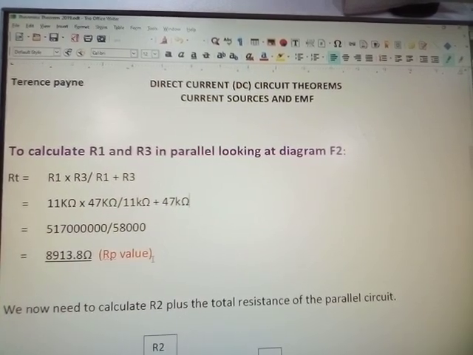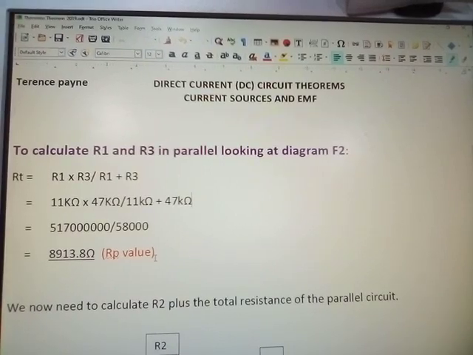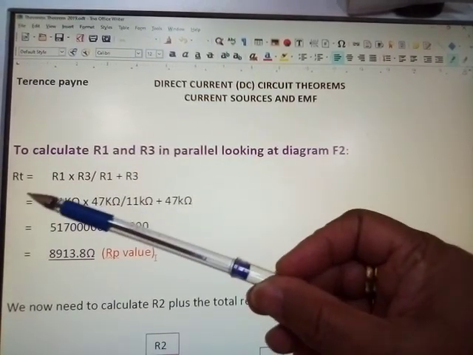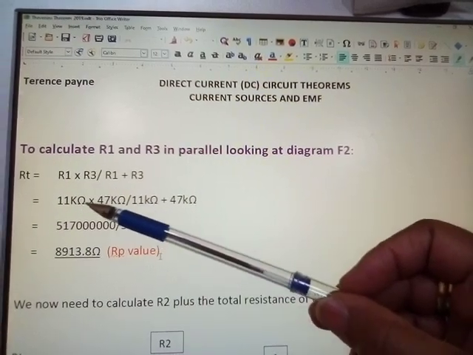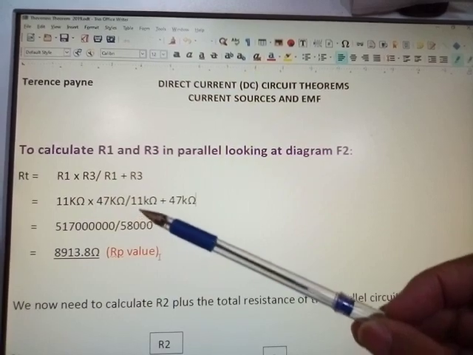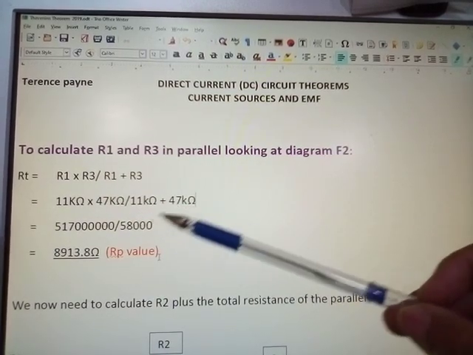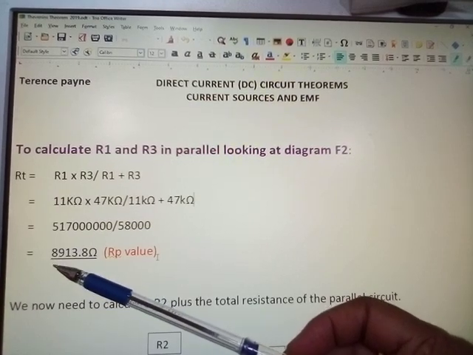What I've done, I've simply cut out the middle calculations that I would normally do, because it's something from my head. Right, now 11 kilo ohms times 47 kilo ohms over 11 kilo ohms plus 47 kilo ohms, and those are the figures that I have.